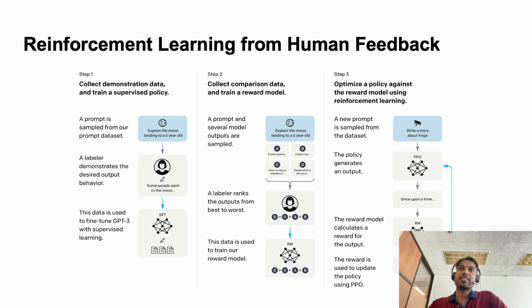So here, essentially in step two, we would take our instruction tuned model and generate different rollouts for different prompts, and then ask annotators to rank these outputs. And then this pairwise data is collected and used to train the reward model. And then again, our instruction tuned policy is optimized using RLHF or PPO specifically, which we'll look at in the next slides, using the rewards generated from the reward model.